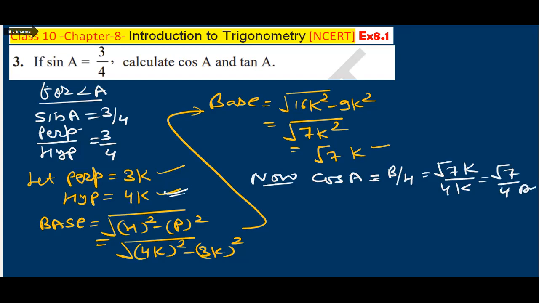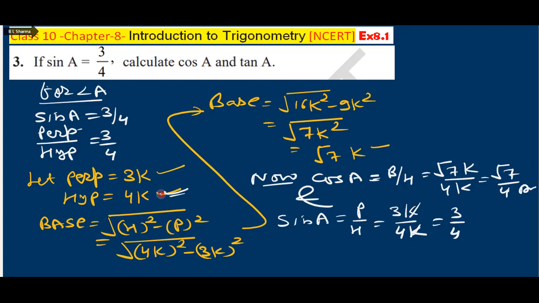That is the value of cos A. And sin A. Sin means perpendicular upon hypotenuse. Here perpendicular is 3k and hypotenuse is 4k. So we can write here 3k upon 4k, k and k cancel. That is 3 by 4.